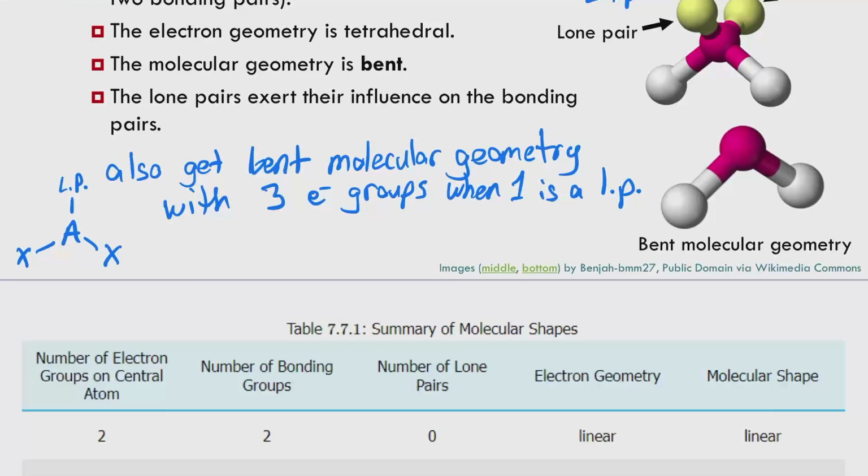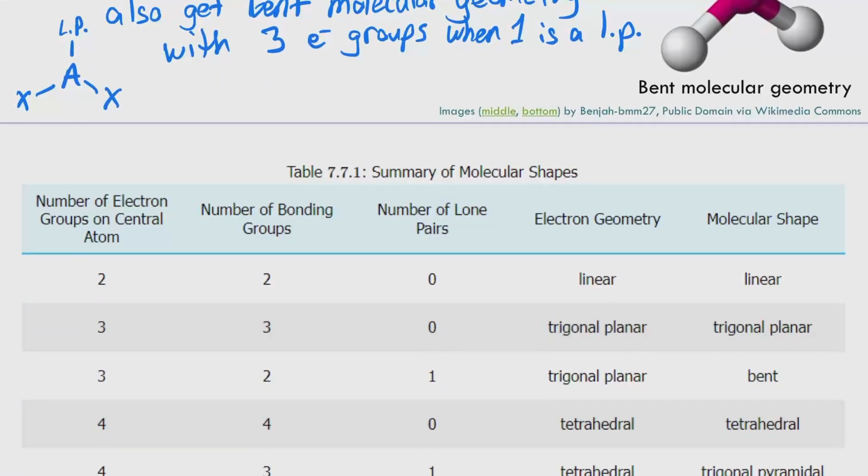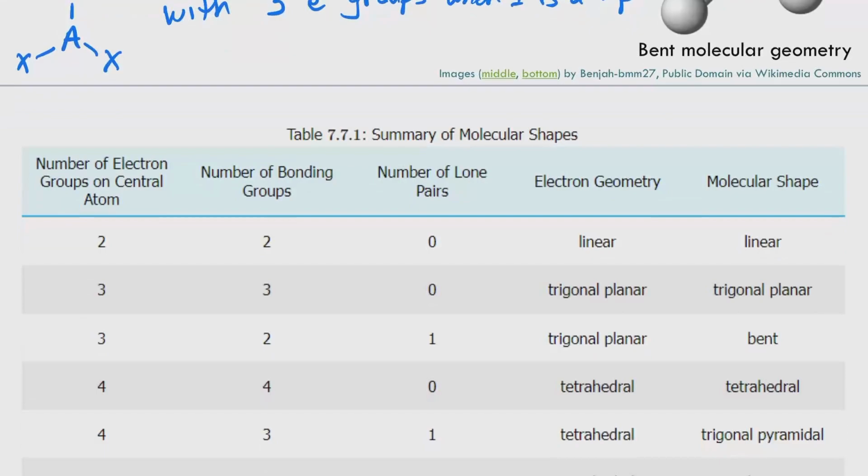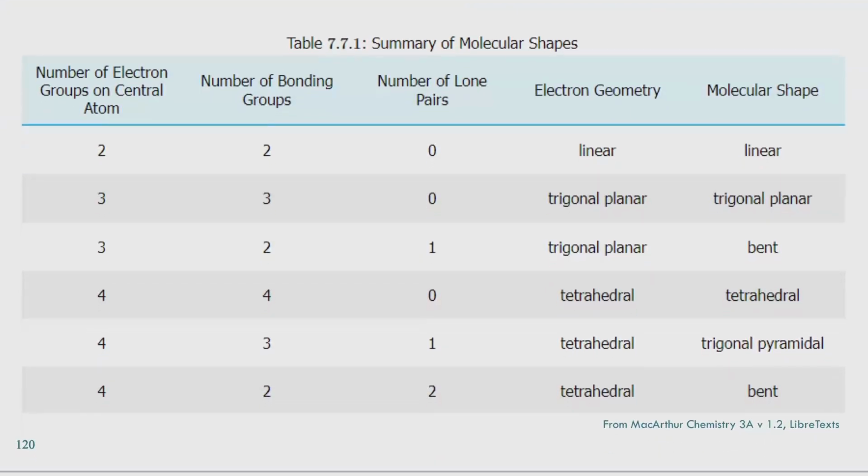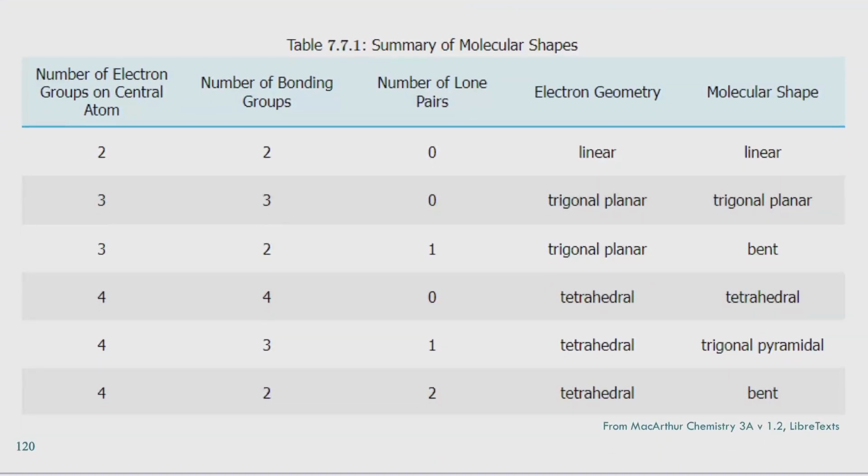We also have a summary table in our book, table 7.7.1. There's probably other versions that you can find out there. The way that we read this table, if you don't want to memorize the shapes, we would find the number of electron groups on our central atom in this left column. We either have 2, 3, or 4. Then we find how many bonding groups we have, how many lone pairs we have, and we find the distribution that works for us.